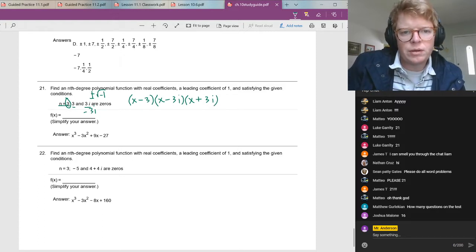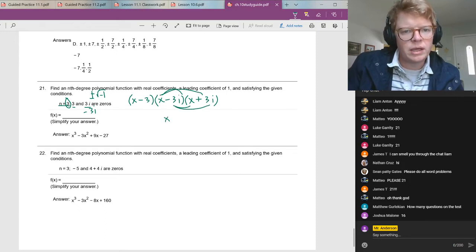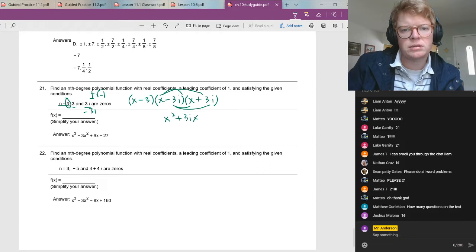I'm going to FOIL this first. So that gives me x squared. This is going to be plus 3ix. This is going to be minus 3ix. And this is going to be minus 9i squared.